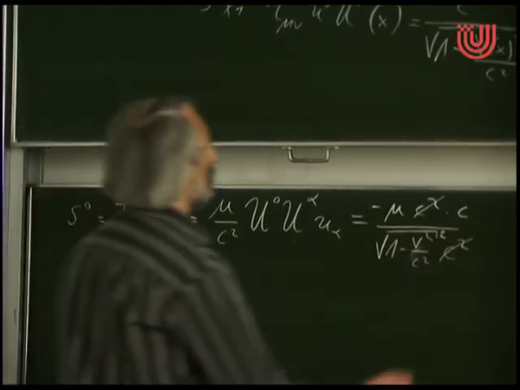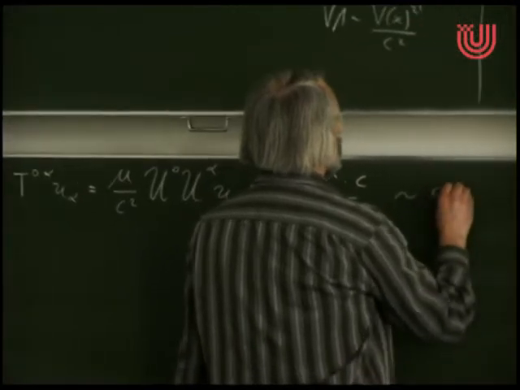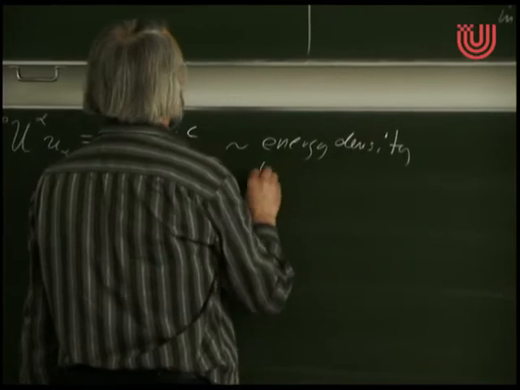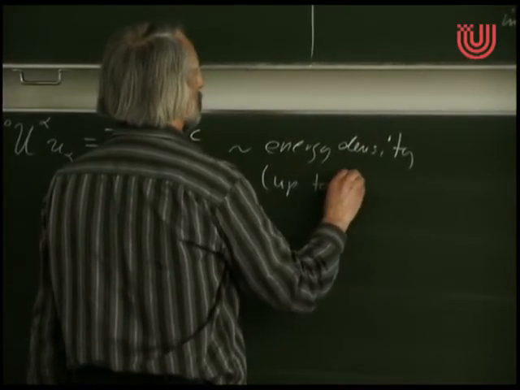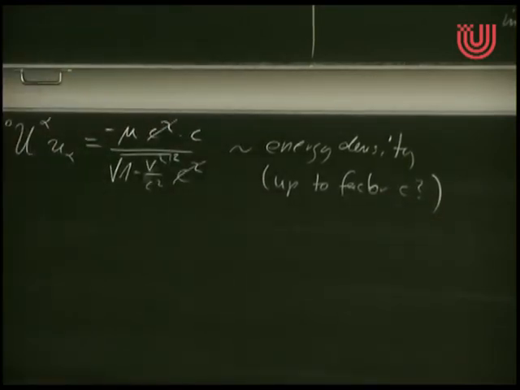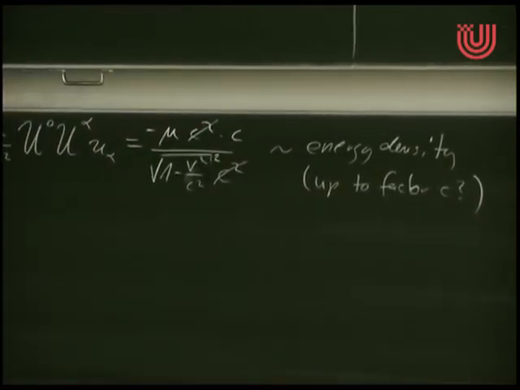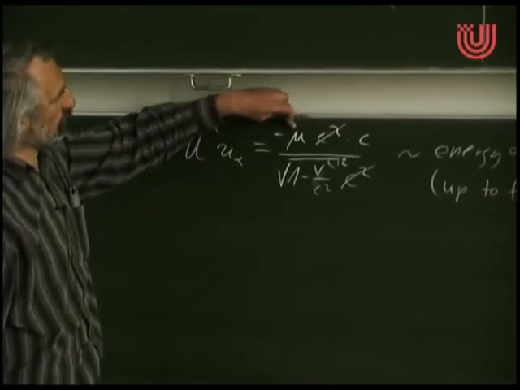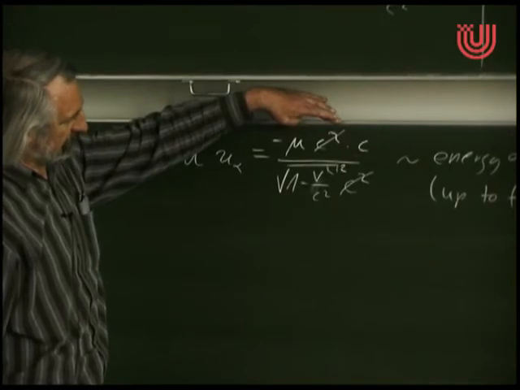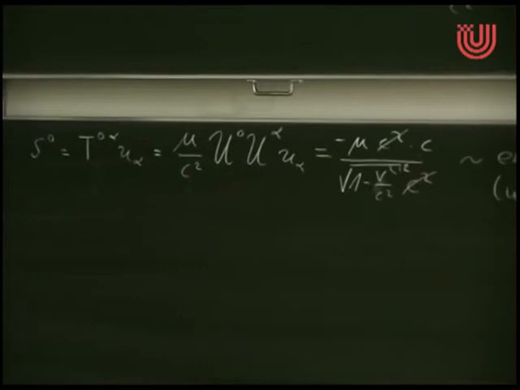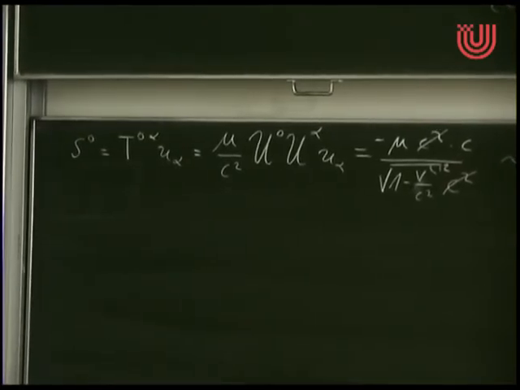It should be precisely the energy density, but I get it up to factor C. So apparently I have again messed up the factor C somewhere. By the general structure you see, right? If you have mu times C squared, that would be divided by this term. This would be precisely the energy density. But a C is missing.